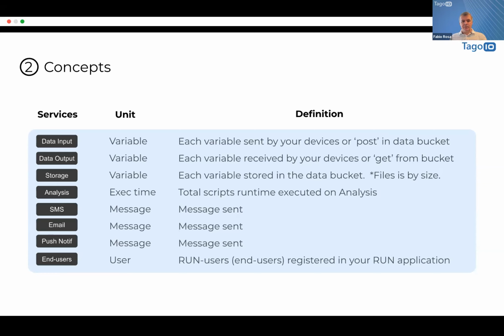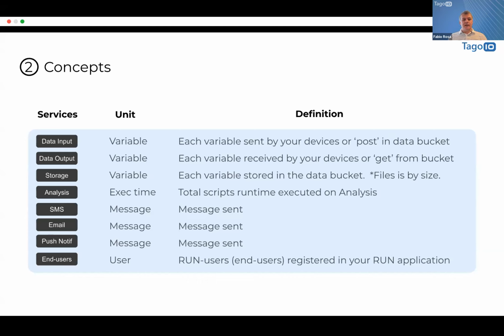So every variable that's sent by your device to your bucket, or that you post to your bucket. For example, if you press a button, a form, you're posting data inside of the bucket, that is one variable that you are sending through data input.